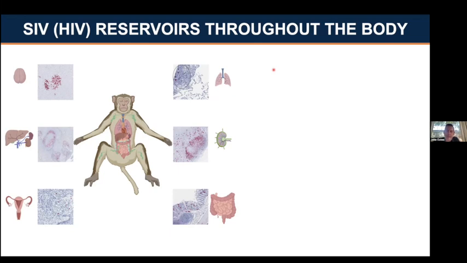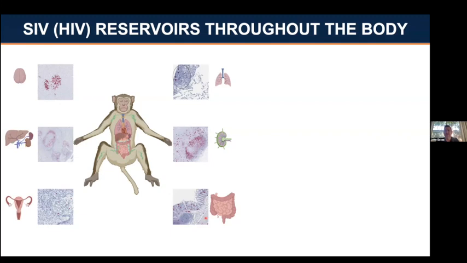And what we found is that most of the virus persisted in these secondary and tertiary lymphoid tissues, so the mucosa, the follicular aggregates and Peyer's patches. You do find them in other regions, but they're much rarer in those sites.